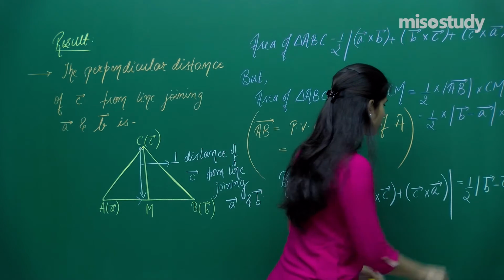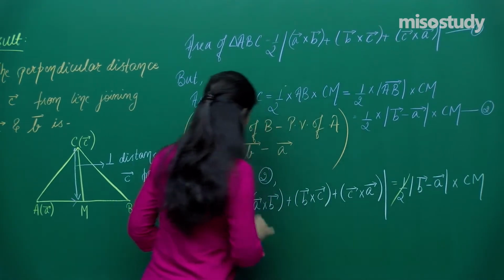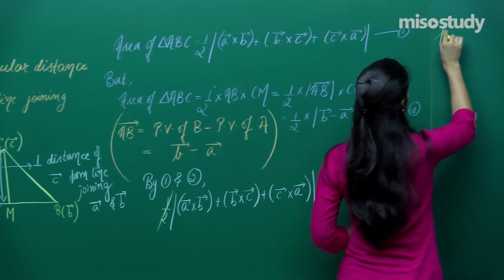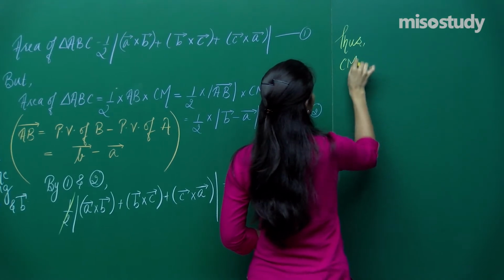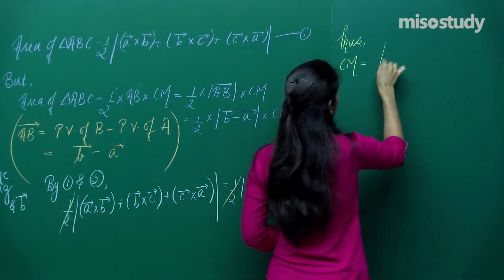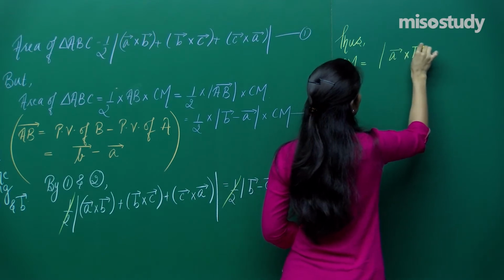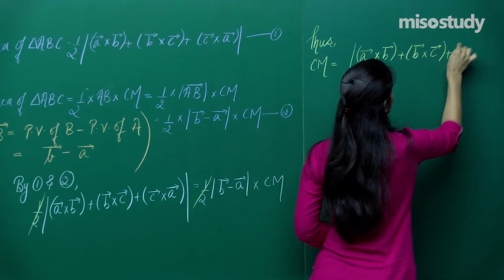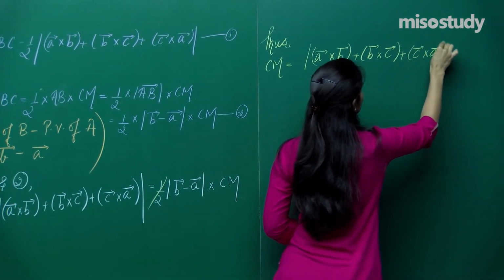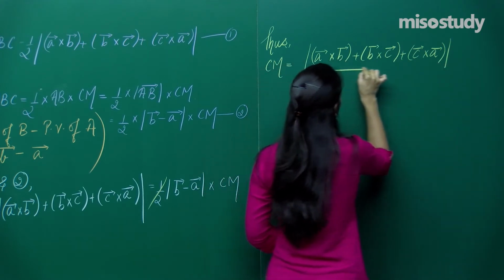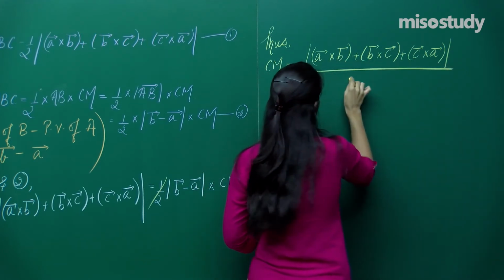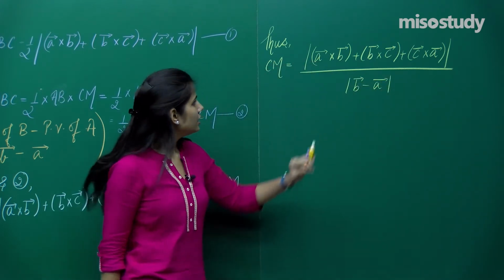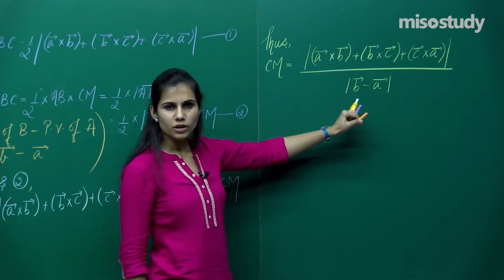Now, if these two are equal to each other, you can very easily see this half and half cancels out, and therefore Cm comes out to be the magnitude of A cross B plus B cross C plus C cross A whole upon the magnitude of B minus A. Non-negative divided by non-negative is again non-negative.